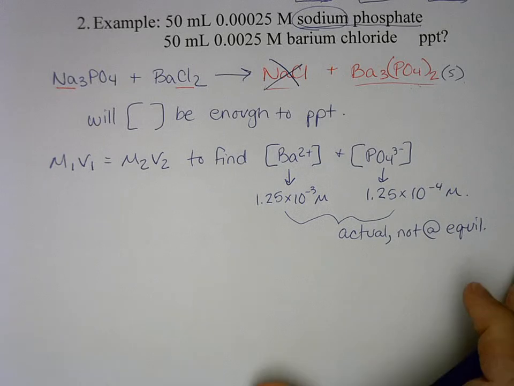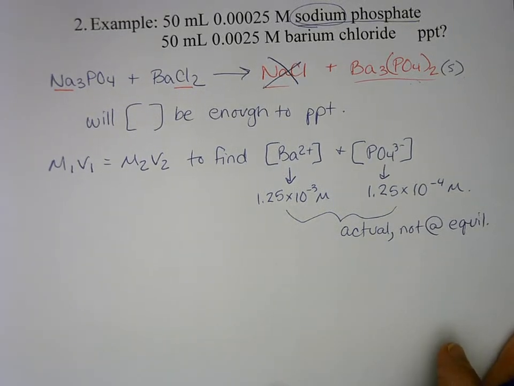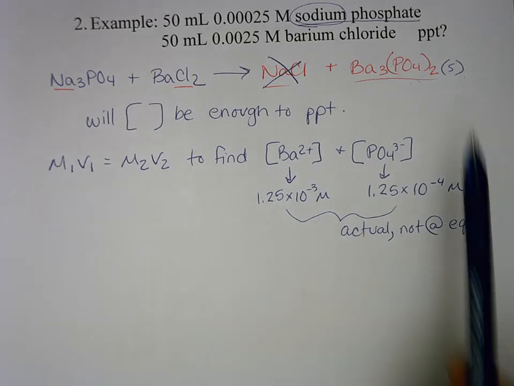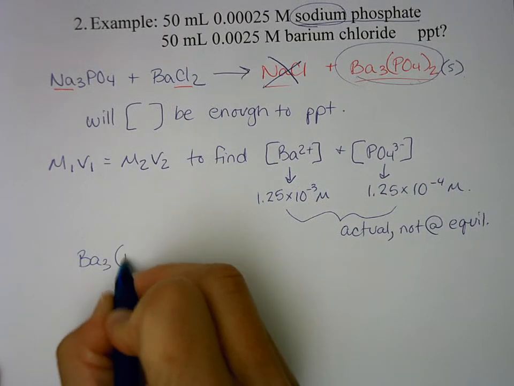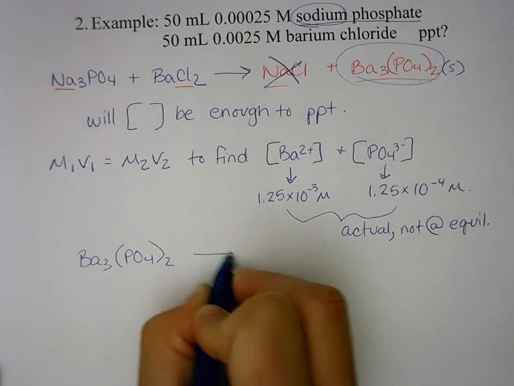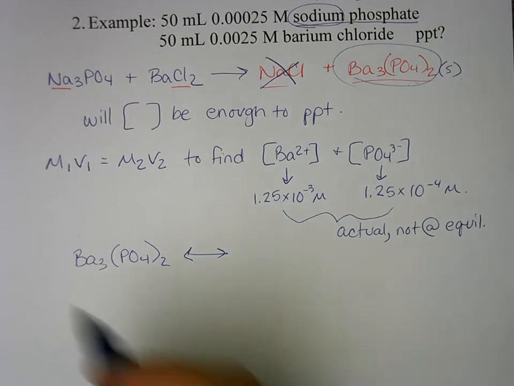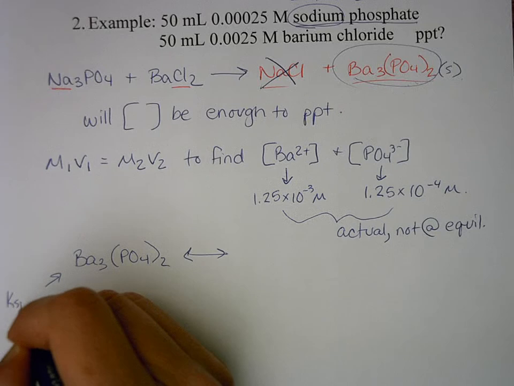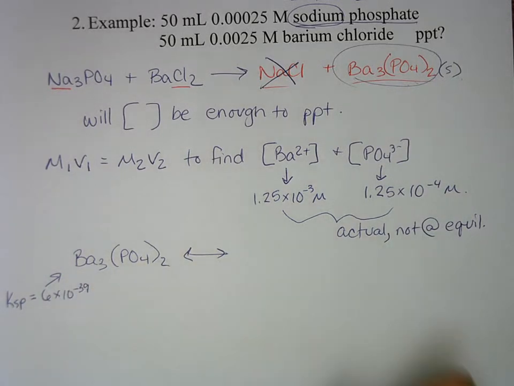So that means that when you plug them into the equilibrium expression, what you're solving for is actually Q and not K. So I'm going to take a look at my barium phosphate again, and compare it to the K value of this, the KSP, which is 6 times 10 to the negative 39. So I'm going to calculate Q the same way I would calculate K and compare.